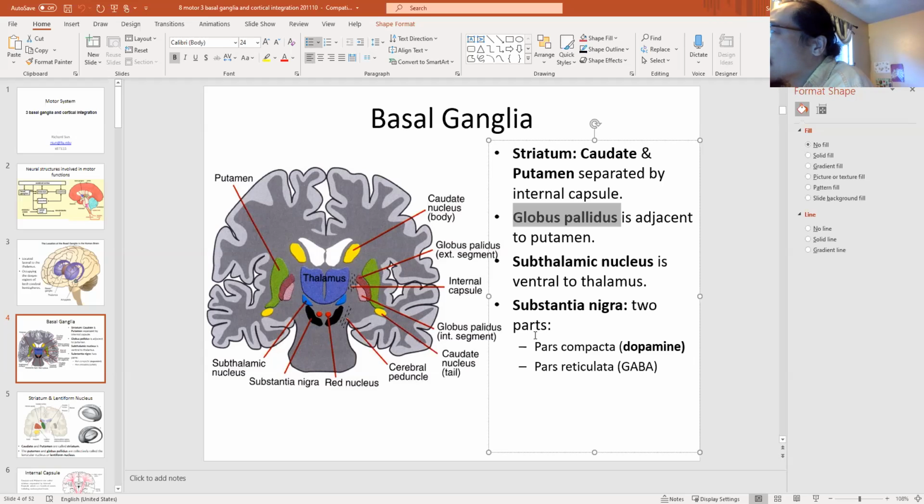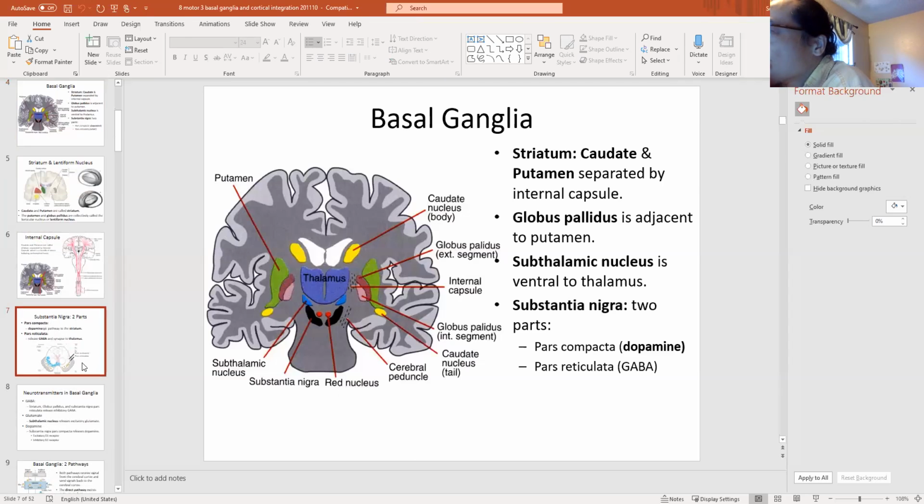We also have the substantia nigra right here, a little bit lower than everything else. Substantia nigra has two parts. One is called pars compacta. The other is called pars reticulata. It doesn't show the two parts here, but we do have a picture to show you that.